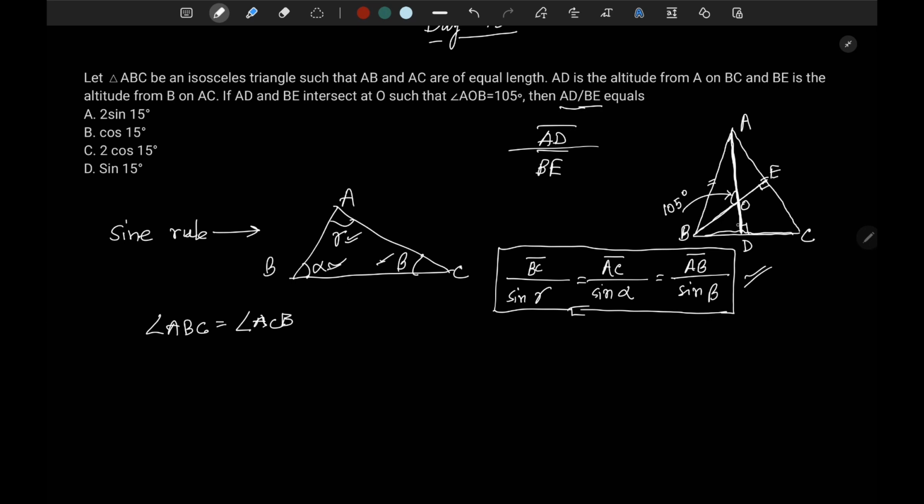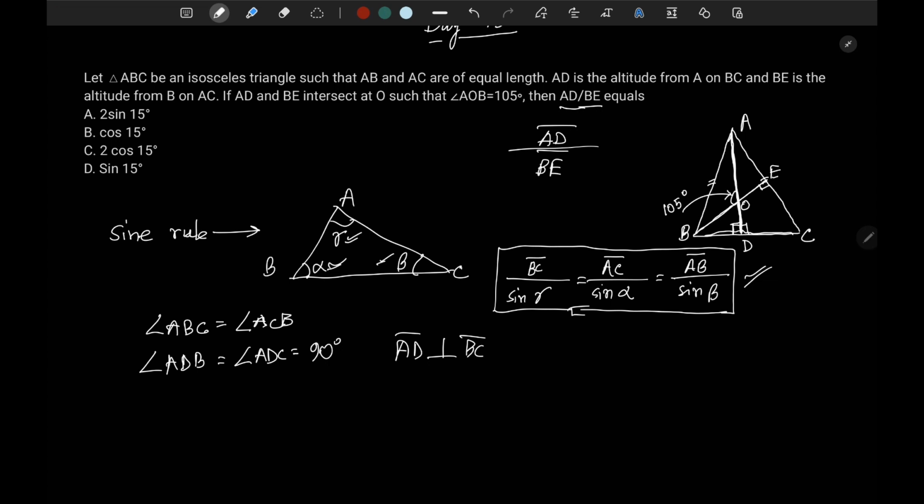And also, as this is an altitude, angle ADB is equal to angle ADC equal to 90 degree, because AD is perpendicular to BC. Fine. So these two triangles, ADB and ADC, are congruent.